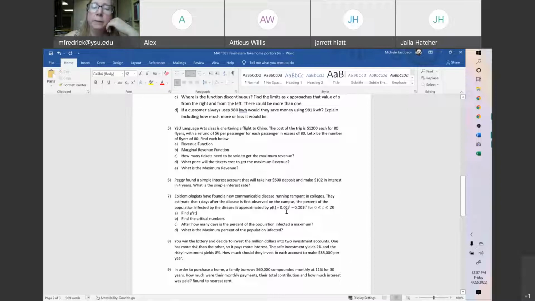This one we're given the function. Remember to find critical numbers, you take the derivative, set it equal to 0 and solve. And you were given endpoints. So remember, to find maximum and minimum, you'll only use the critical numbers that are in your endpoints.